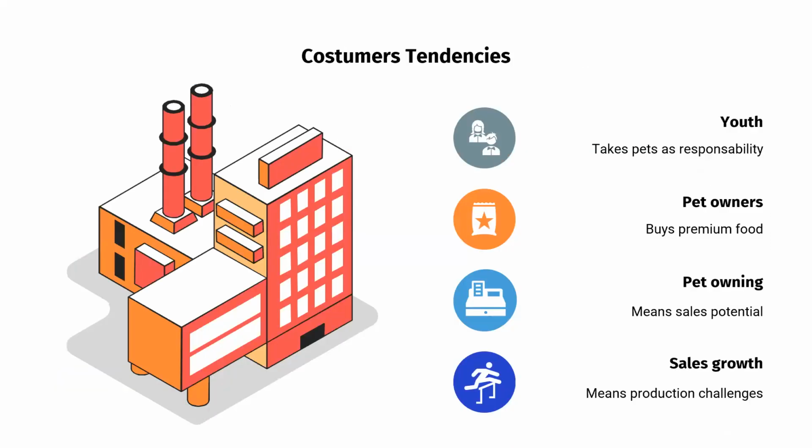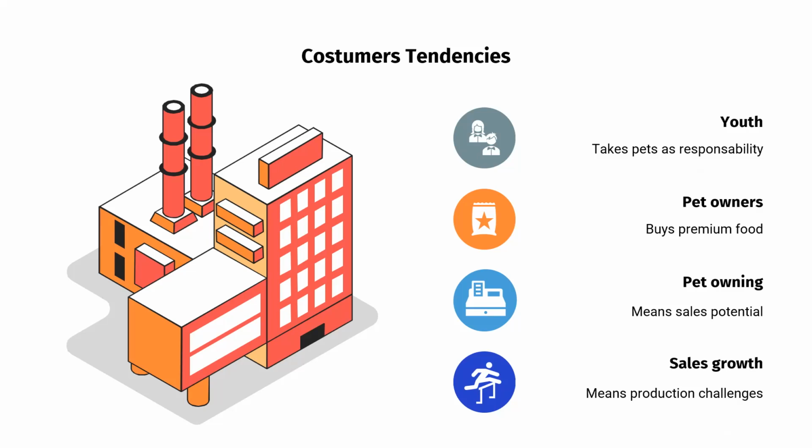And understanding the consumer tendencies. We know that in the society that we live in now, everybody loves pets. It's a fact. All of us: old people, young people, kids. And if we focus on the young people, they take pets as a responsibility. If they take pets as a responsibility, they buy premium food.